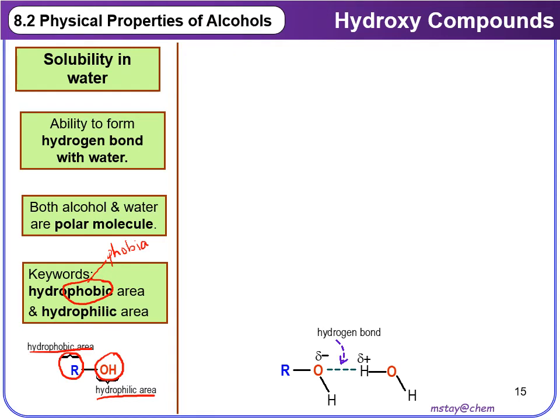This is the hydrophilic area of the alcohol, and this is the water molecule. A hydrogen bond is always where we have a hydrogen bonded to either F, O, or N, so in this case it is the oxygen. The dotted line here represents the hydrogen bond, which is between two molecules.